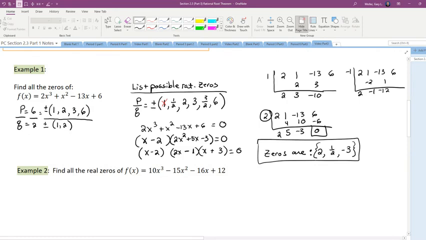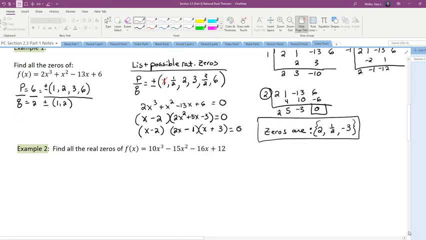Okay. Example 2, let's do it again. Find all the zeros. First, let's list our possible zeros. That's going to be the factors of the constant over the factors of the leading coefficient.